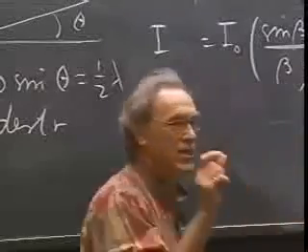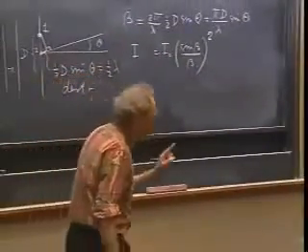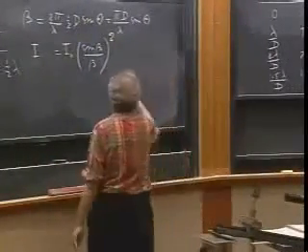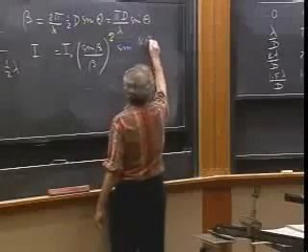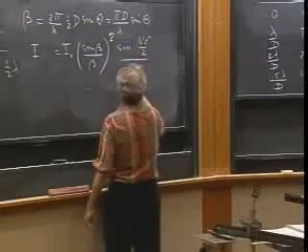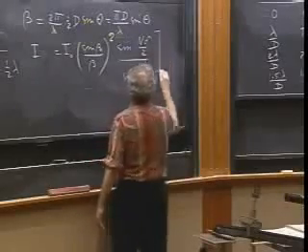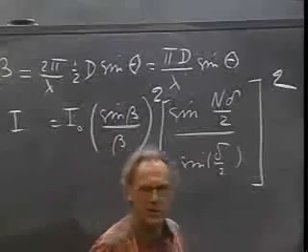This capital D is the opening of each groove in your grating, and little d is the separation between the grooves. Then I can write down here times the sine of n delta over 2 divided by the sine of delta over 2, and now I put here the square, and now I have the real grating equation.